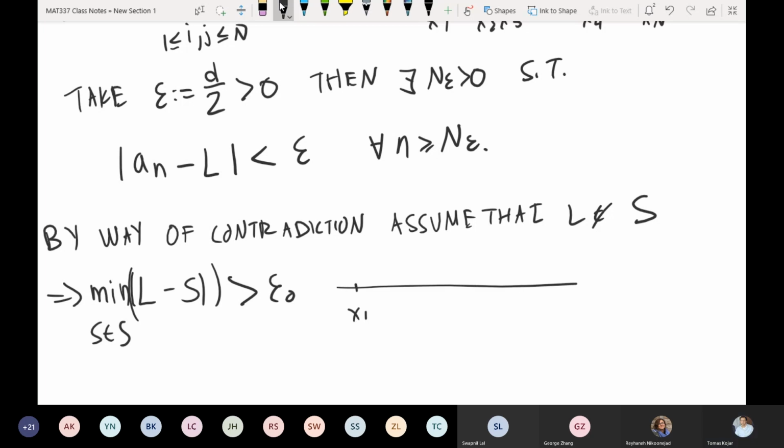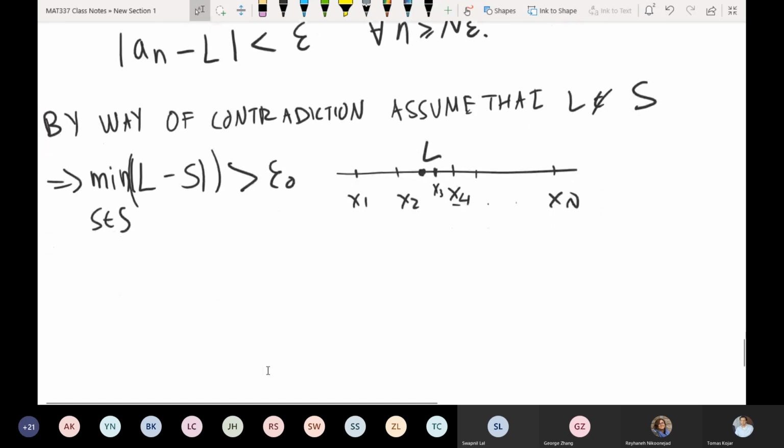So x1, x2, xn, and L falls within the cracks. Then, same argument: let epsilon be epsilon naught over 2.